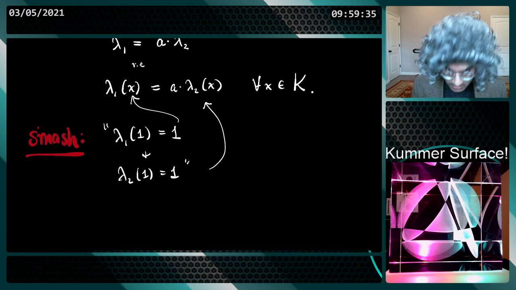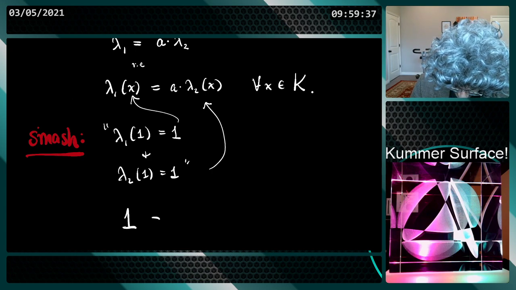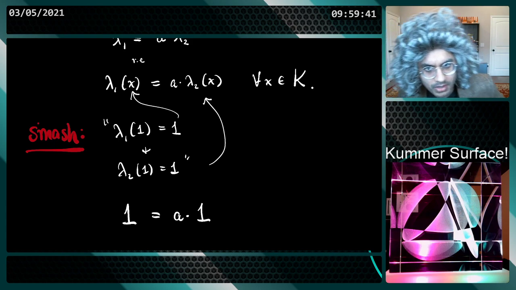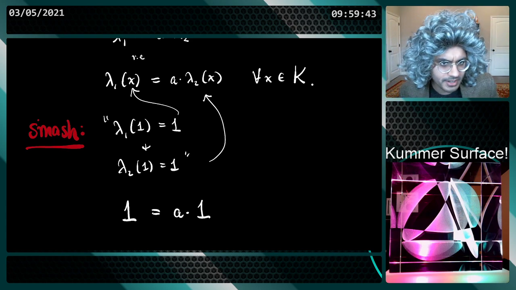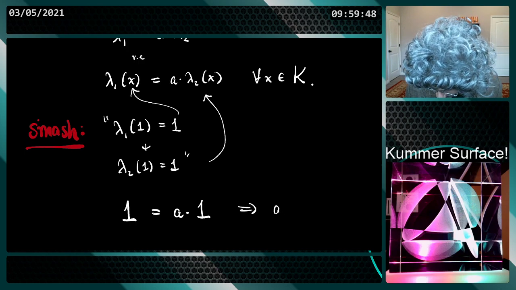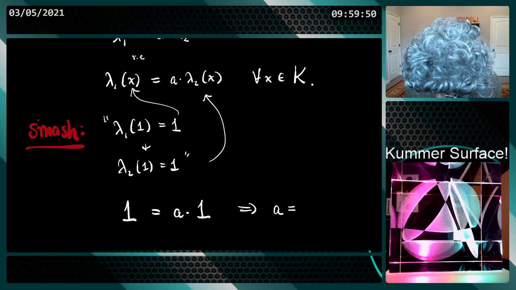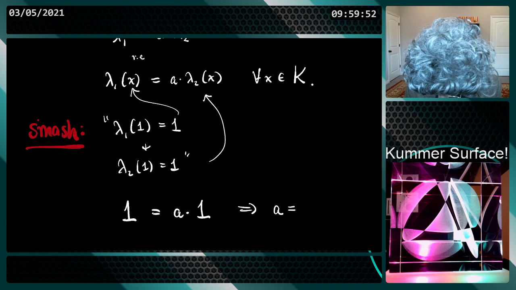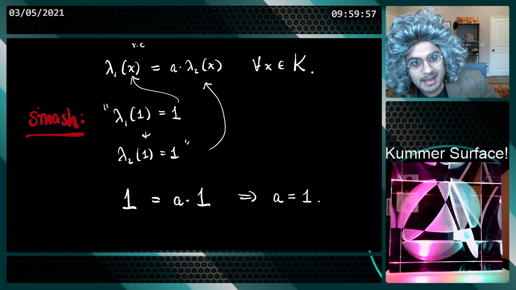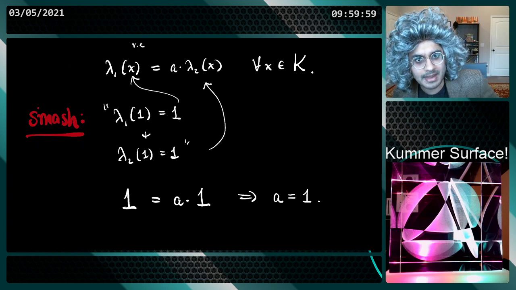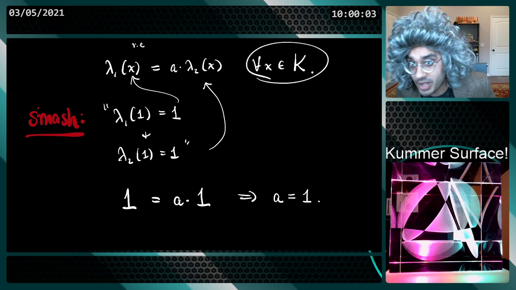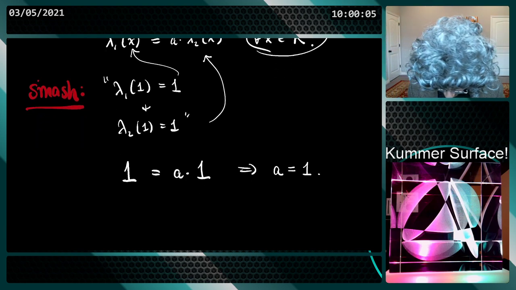You get 1 equals a times 1. But then hold on, a has to be the element 1 in capital L. But wait, that means that lambda 1 of x equals lambda 2 of x for all x. Meaning lambda 1 and lambda 2 were not distinct homomorphisms.